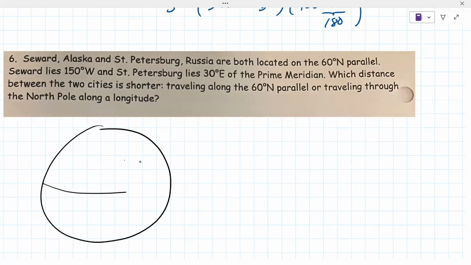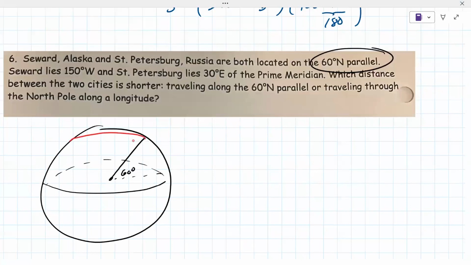Again, there's the equator. And so it says that 60-degree north parallel, to me, that means that there's a 60-degree right there. And then there's another circle like that we're trying to find.